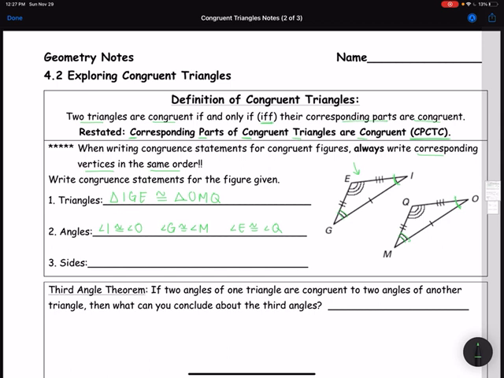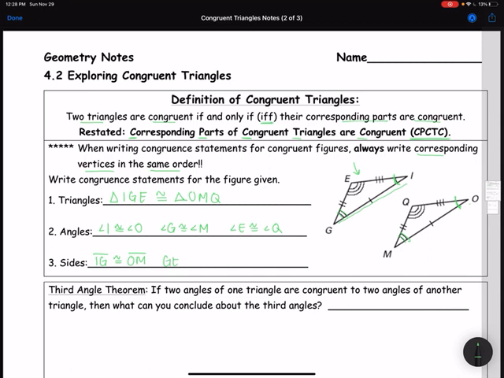And then for sides, you're going to talk about side lengths. So we see this side here, IG, has 1 tick mark. So we're going to say IG is congruent to OM, right? I corresponds to O and G corresponds to M. So we're going to say IG is congruent to OM. The other side we can see is GE has 2.